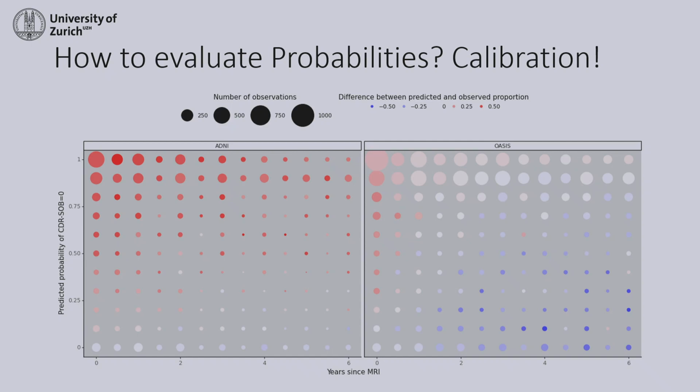And everything that's red is places where we overestimated this probability. So we said 100, but it was actually less. We were overconfident. And in blue, in OASIS, you can see there are also some areas where we are underconfident. We said the probability was smaller than it actually was.